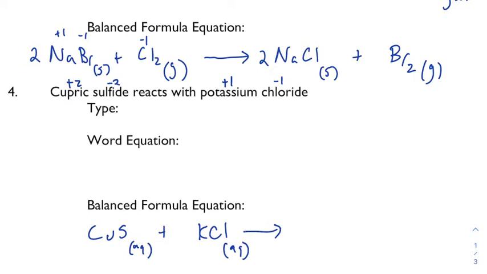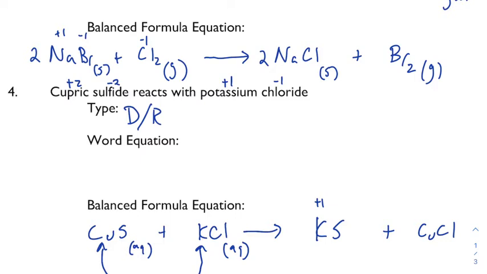I look at this and I see compound and I see compound, so off the bat I think double replacement, which means that the metals will trade spots. So now I have KS plus CuCl. Now remember, don't forget your charges.